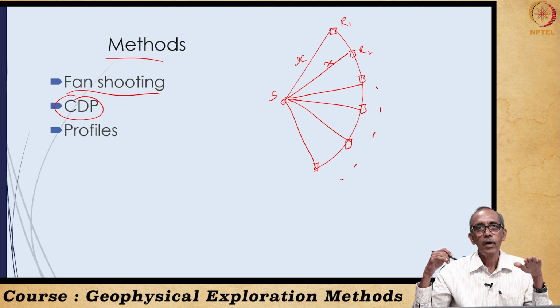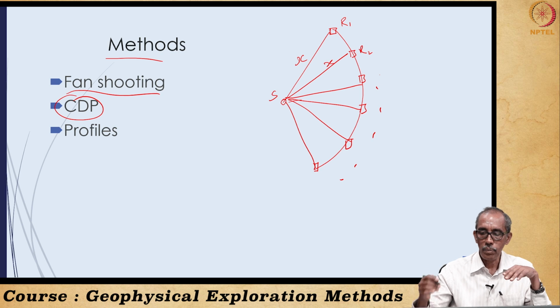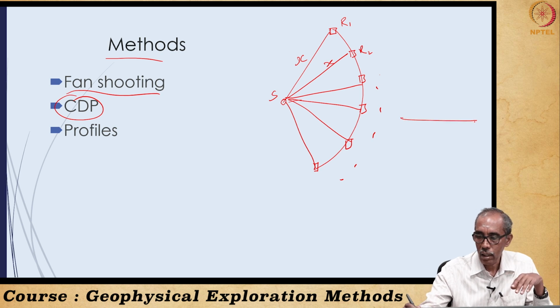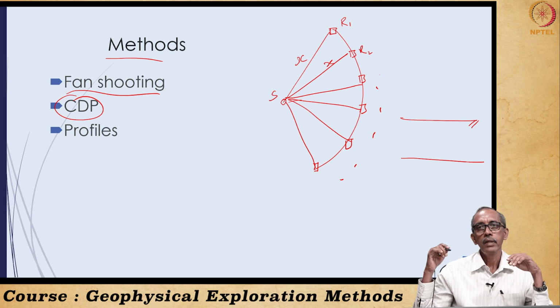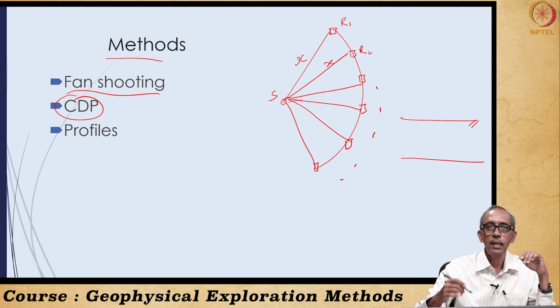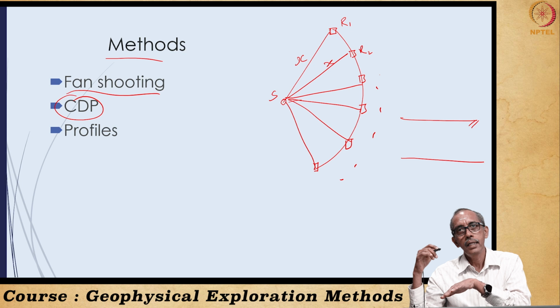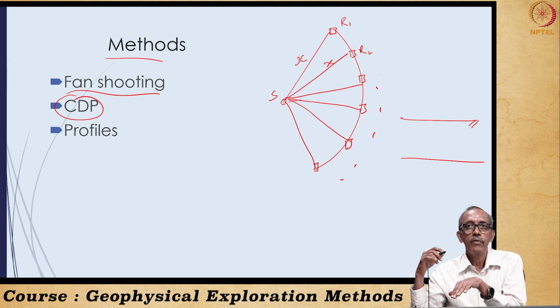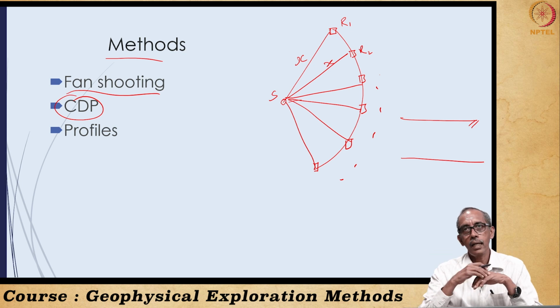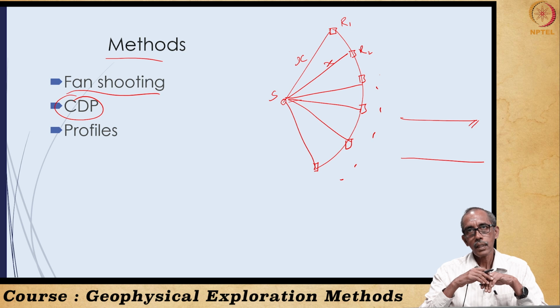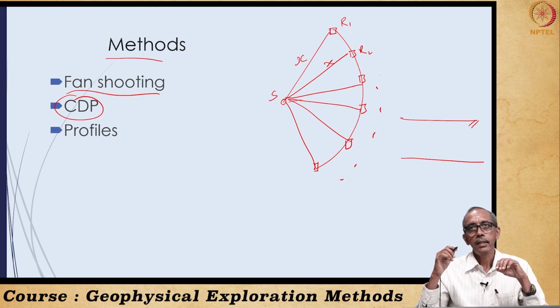Suppose the formation below, I will draw here, this is the ground surface, this is the interface. If the interface is horizontal, what will be the arrival times here? Arrival times will be the same. Suppose the interface is inclined, depending upon the angle of inclination, you will have different arrival times.